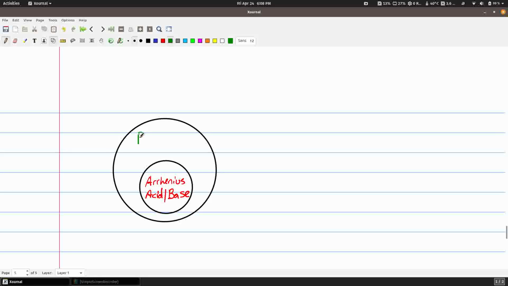Up here we have our Bronsted-Lowry. So what this means is Arrhenius acids and bases are also Bronsted-Lowry acids and bases. But that's not always the case vice versa, which is why there needed to be separate distinctions between what makes an acid and base.